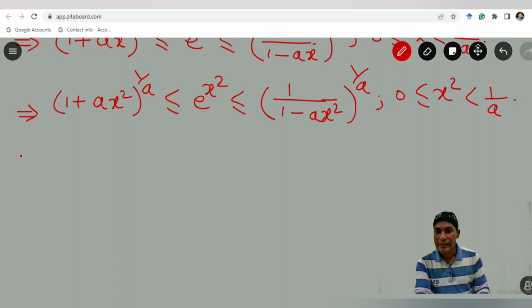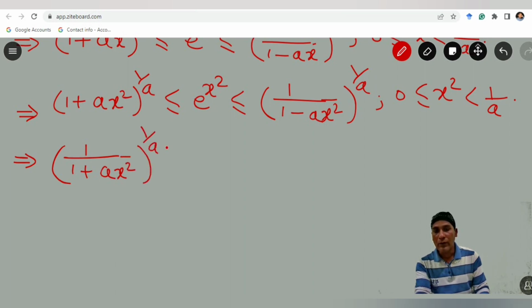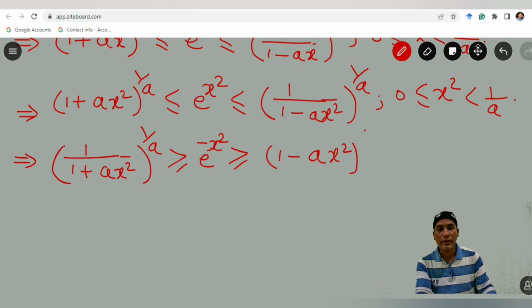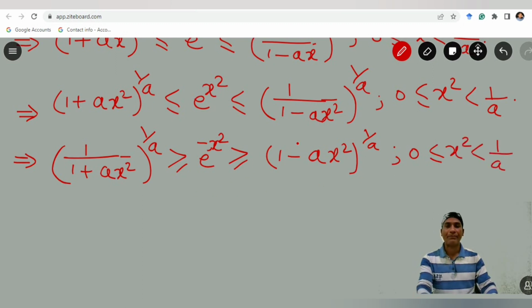So after taking reciprocals, we write 1 over 1 plus ax square to the power 1 over a greater than or equal to e power negative x square greater than or equal to 1 minus ax square to the power 1 over a if 0 less than or equal to x square less than 1 over a.